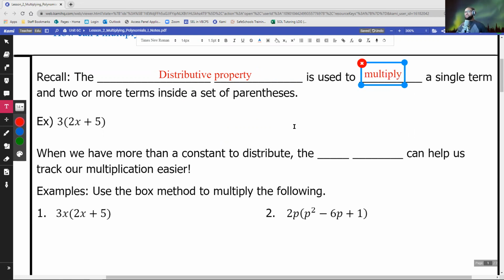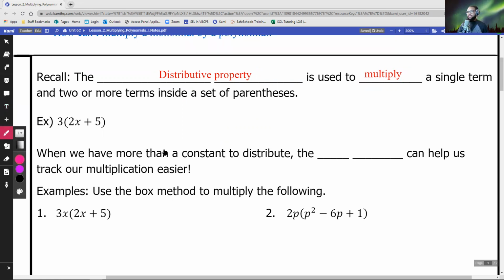Okay, so it says, recall, the distributive property is used to multiply a single term and two or more terms inside a set of parentheses. So for example, and no doubt you've seen something like this before, 3 times 2x plus 5, this 3 gets multiplied to this 2x, and it gets multiplied to that 5, all right? So as a result, we end up with 3 times 2x.